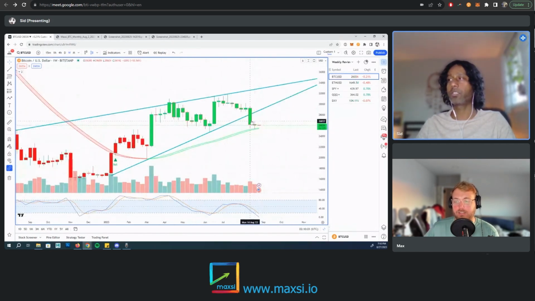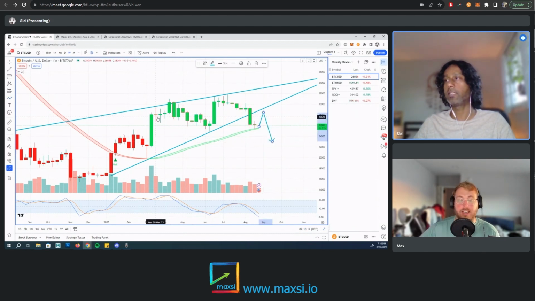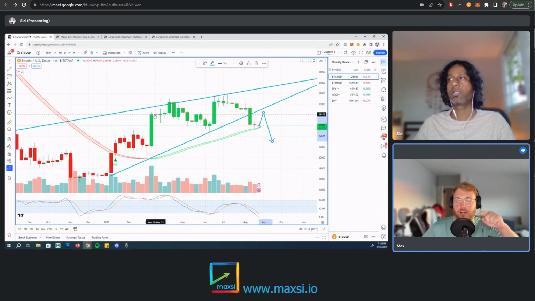Because this is the weekly time frame, we could get a retest like this, where we retest resistance. That's an interesting thing to note here, because since we've lost that wedge, the wedge line we have drawn there should now act as our next resistance level.